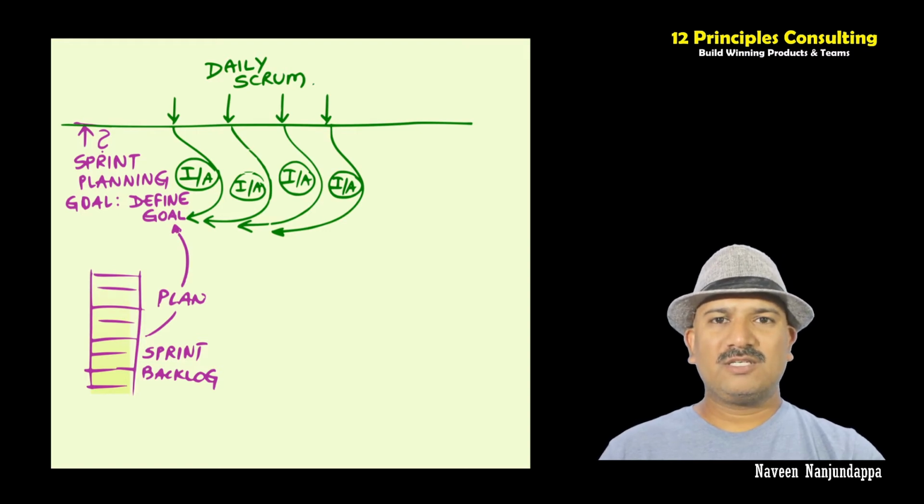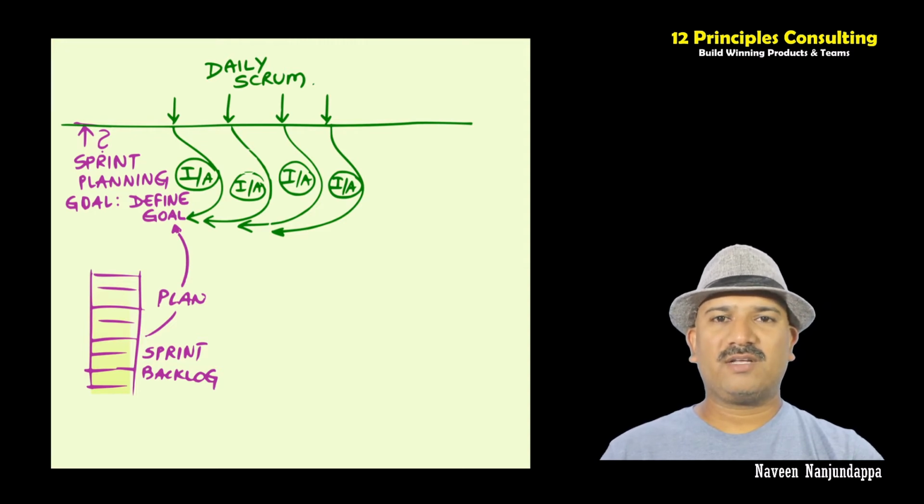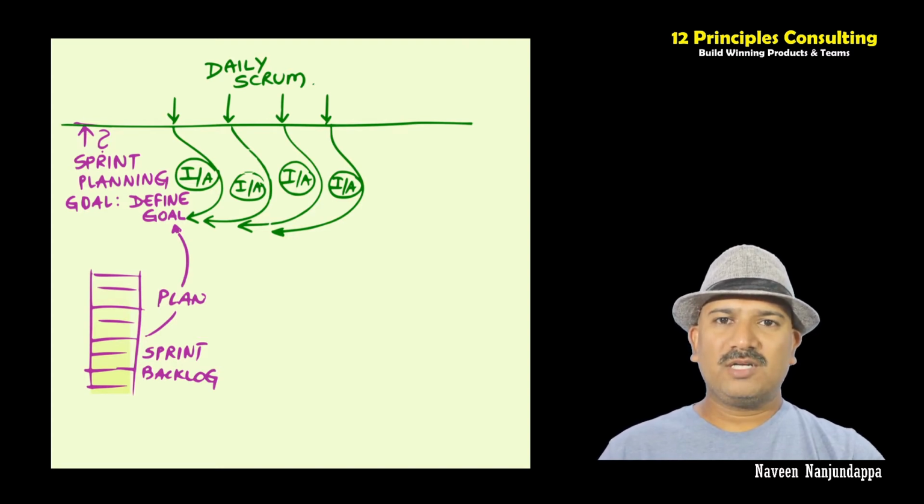During this, the developers have all the rights to relook at their plan, change the plan, and adapt their plan, keeping the objective of reaching the goal and the functionality that they have coherently identified. This coherent functionality that they're going to build by the end of the sprint is going to help them inspect and adapt towards the product development.